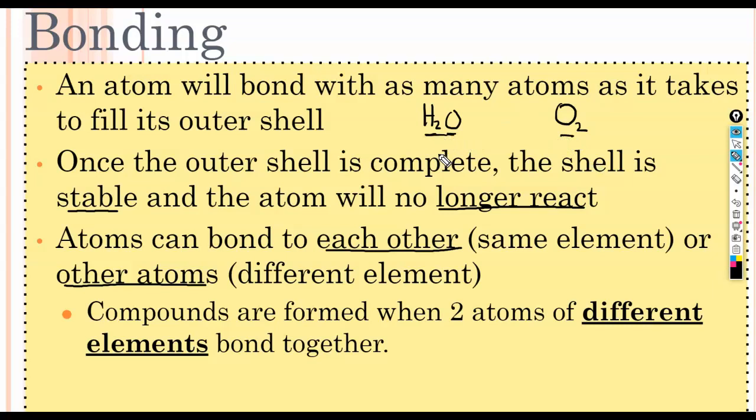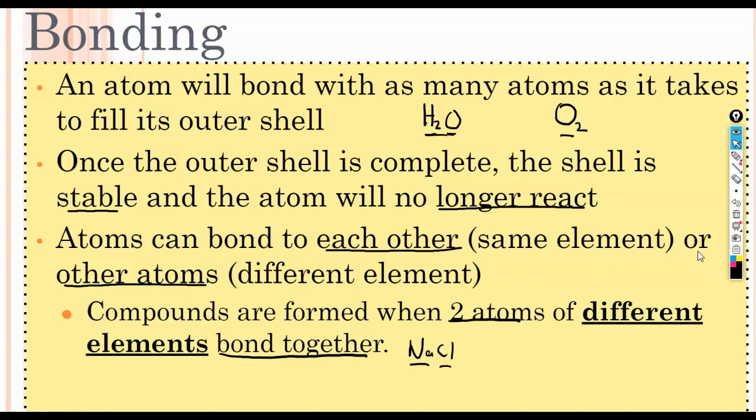Either way, this is what's called a compound, because compounds are formed when two different atoms bond together. We talked about that in a previous unit. Water is an example of a compound because there's two different atoms. Or we also talked about NaCl, which is table salt. It has Na, which is sodium, and Cl, which is chlorine. When you bond those two together, you get a compound because it's two different atoms.